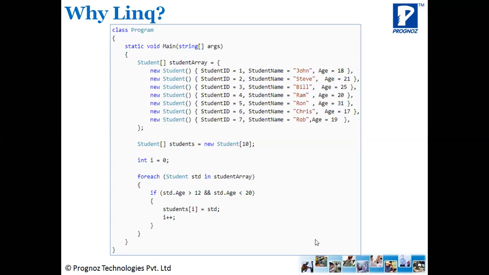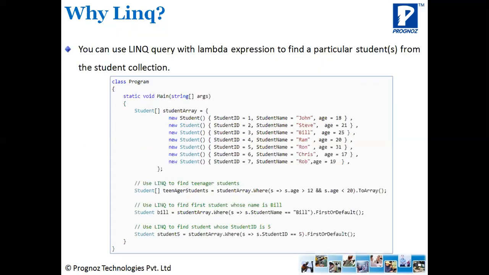Instead of writing this much code, starting from the student array declaration up to this part, these lines can be replaced with a single line of code using its method syntax as studentArray.teenagerStudents equals studentArray, that is our collection, dot Where in brackets. Now this is a lambda expression, which I'll explain later. This is just an example.